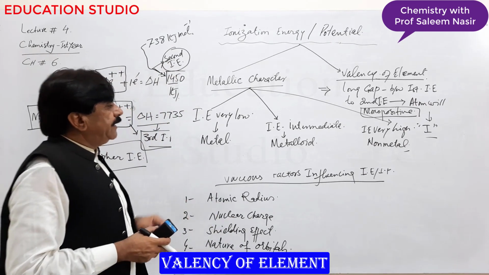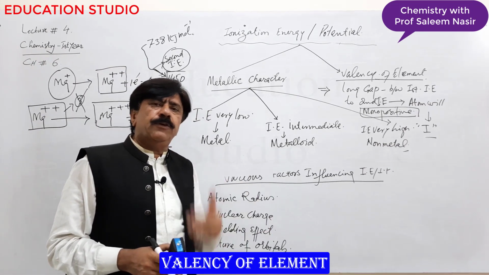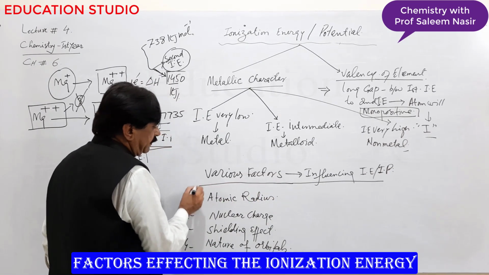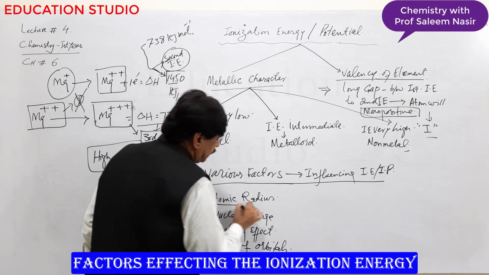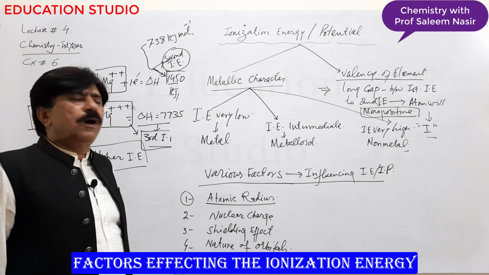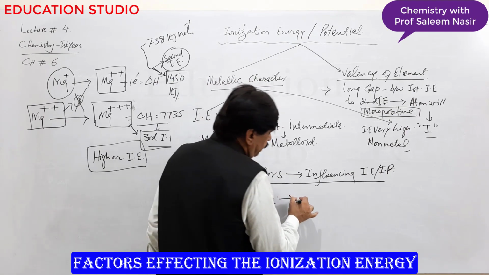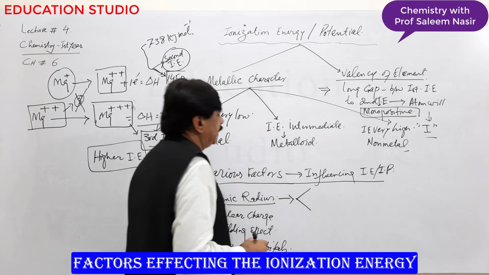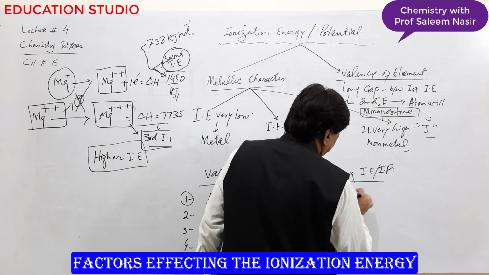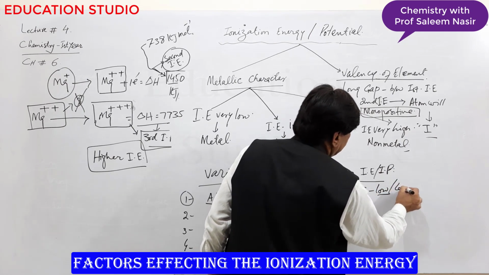Students, now we will discuss the various factors which influence the ionization energy. The first factor is atomic radius. Atomic radius is responsible for the value of the ionization energy. If the atomic radius is larger, then the ionization energy will be less.